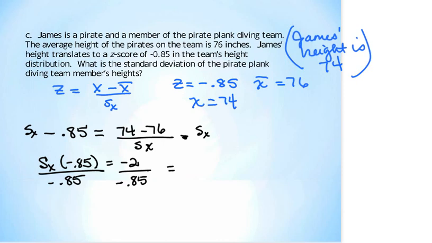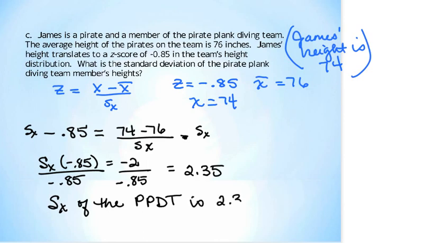I can't read my own writing. 2.35. So the standard deviation of the Pirate Plank Diving Team is 2.35, and I'm assuming these guys are inches. We always want to make sure when we're talking about standard deviation, we give units.